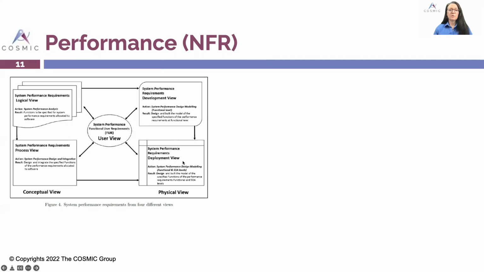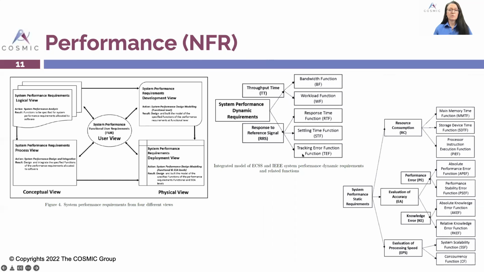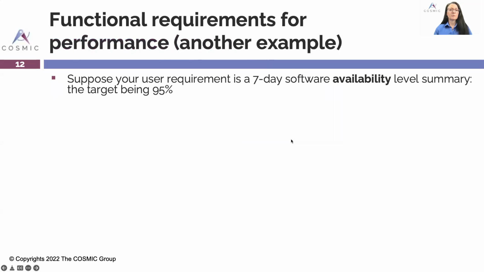And from these views, we can refine the requirements, such as the system performance dynamic requirements, and refine them until we are able to define the different functions that are required. We can do the same for system performance static requirements. Well, we'll look at these at first.